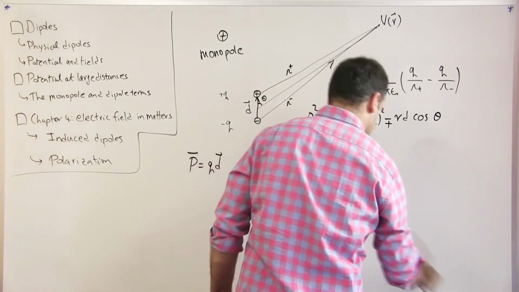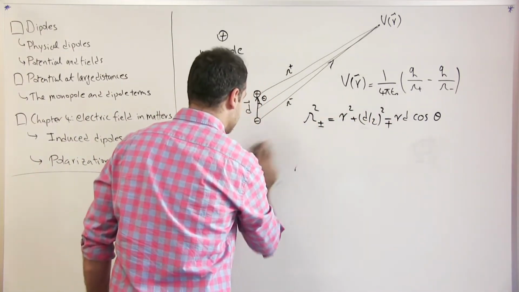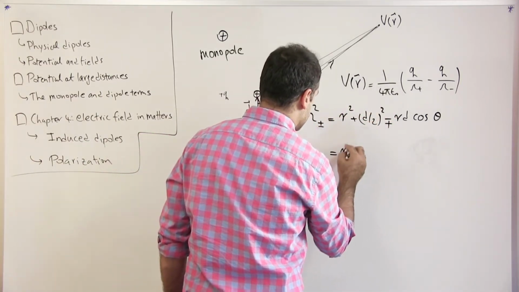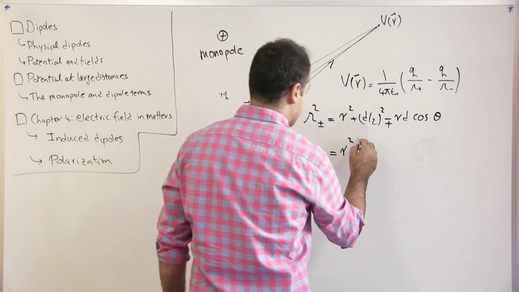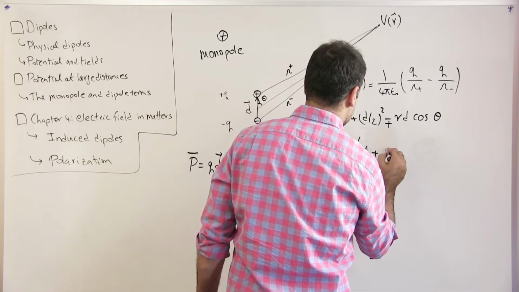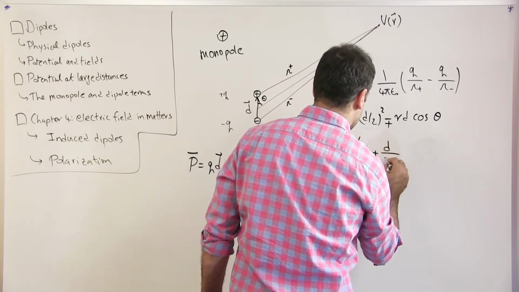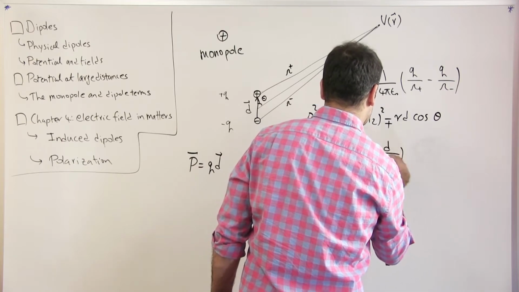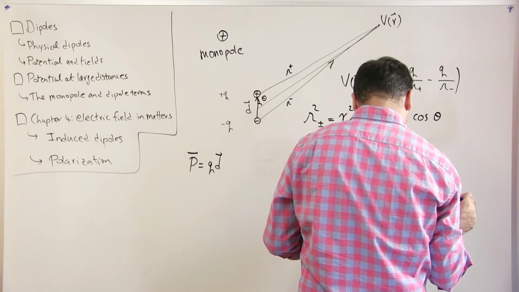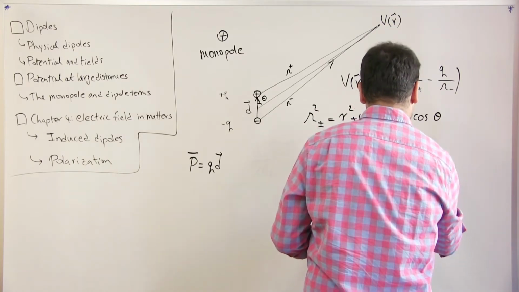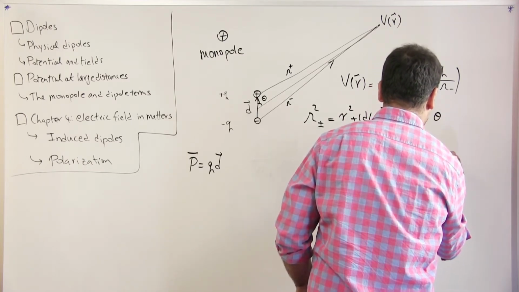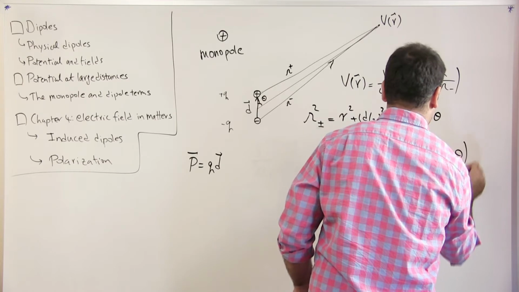Okay, so basically what I'm doing is, let me get rid of this now. I'm writing this in terms of, so if we pull out R squared here, we get 1 plus (D over 2R) to the power of 2, minus plus D over R cosine theta.